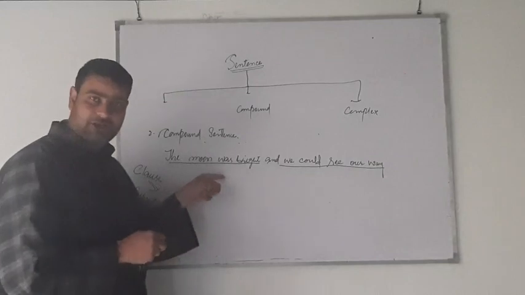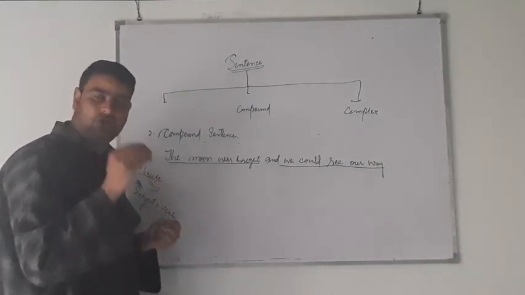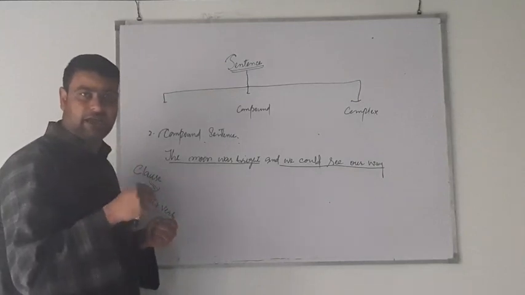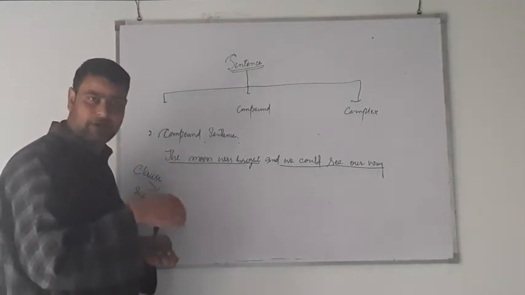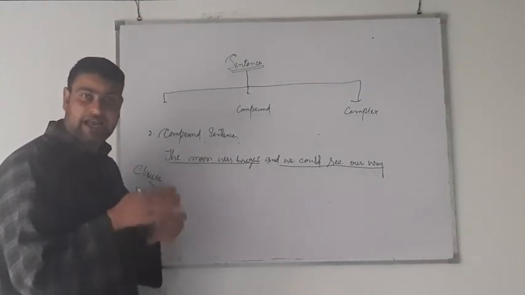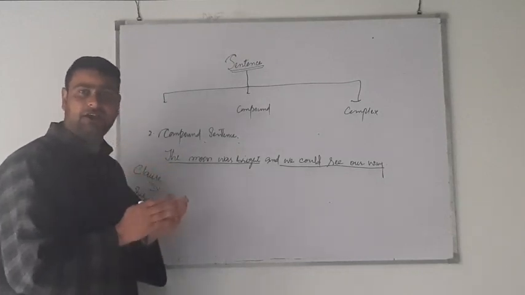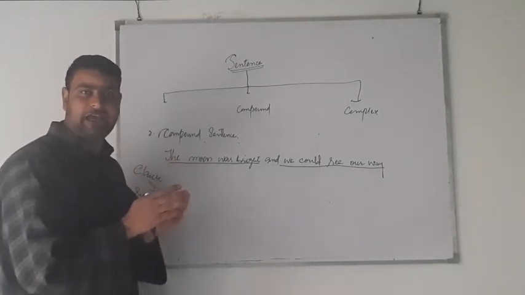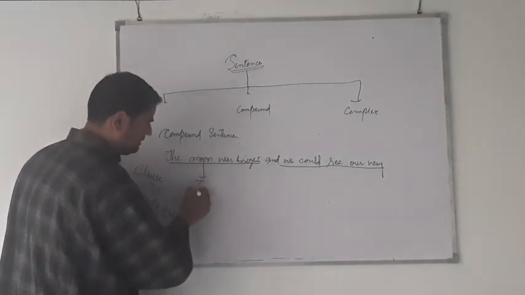That's what is required here. A clause can stand on its own. It does not need help from other words or from another clause to give complete meaning. And that clause which can stand on its own without any help from any other clause is called an independent clause.